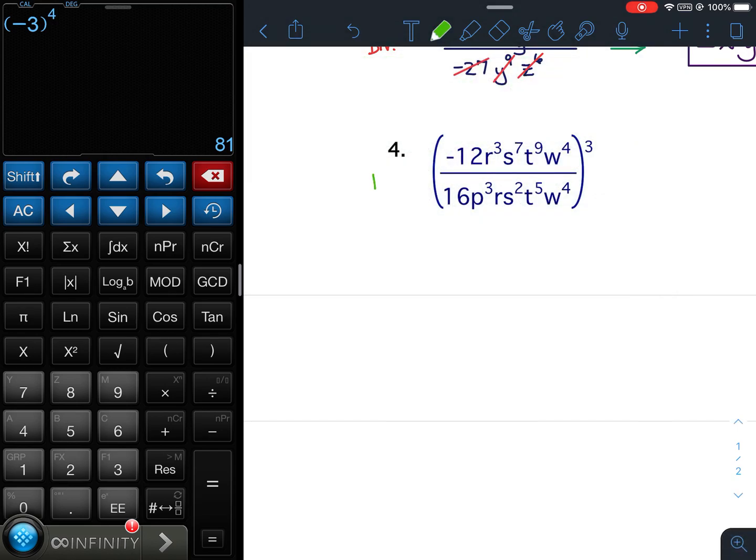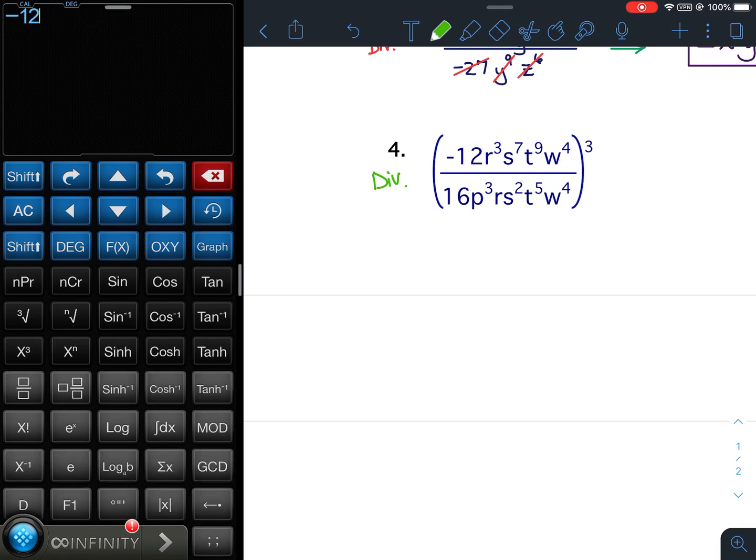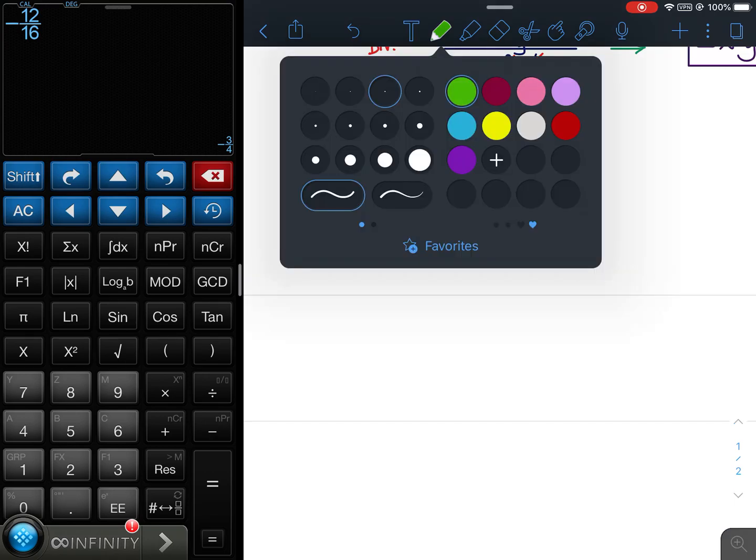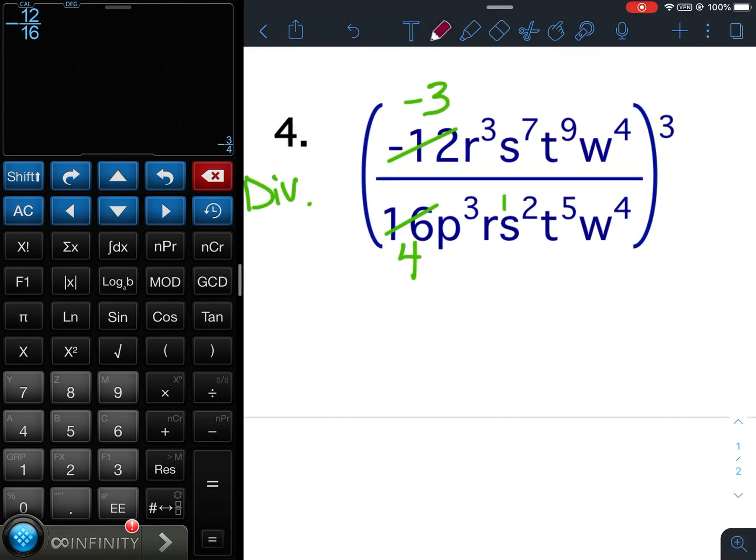Again, the first step will be to divide. So I'm going to start with negative 12 over 16. That gives me negative 3/4. So I'm going to put negative 3 on top and the 4 on the bottom. R to the first has the smaller exponent, so the 3 will become a 2.